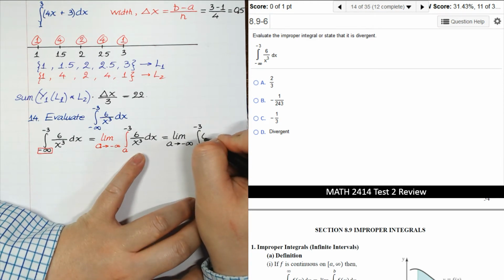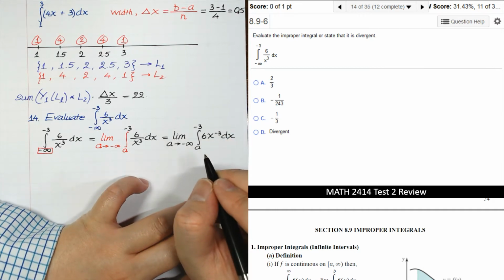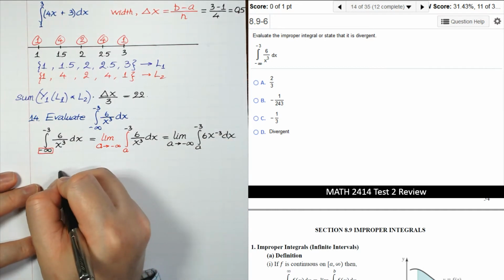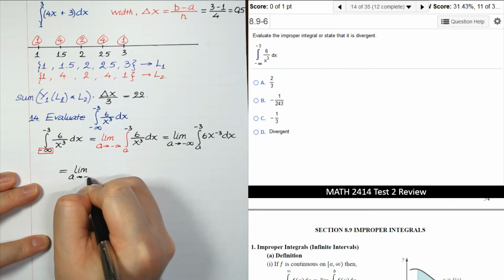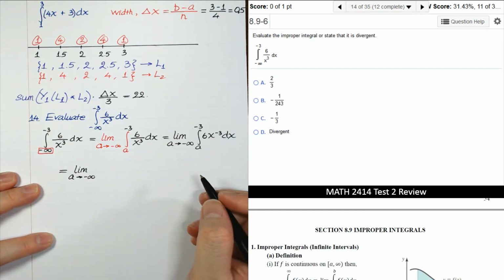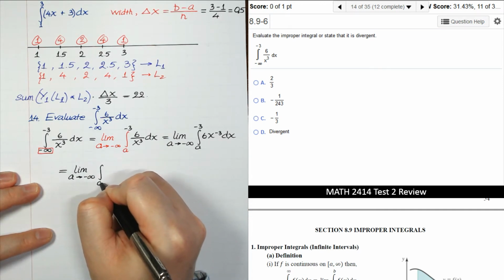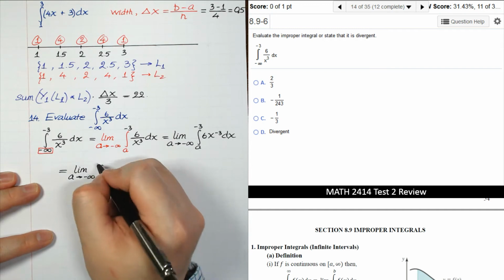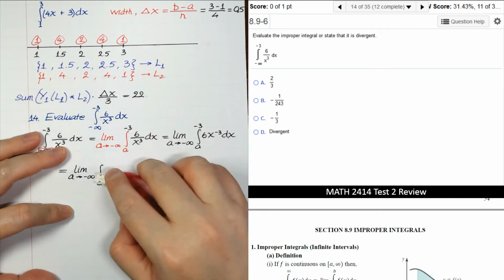The x cubed moves to the top. Right, and then we integrate. I mean, we can integrate right in this step.